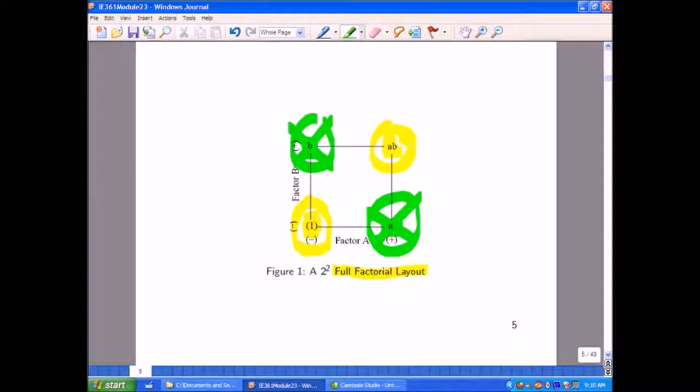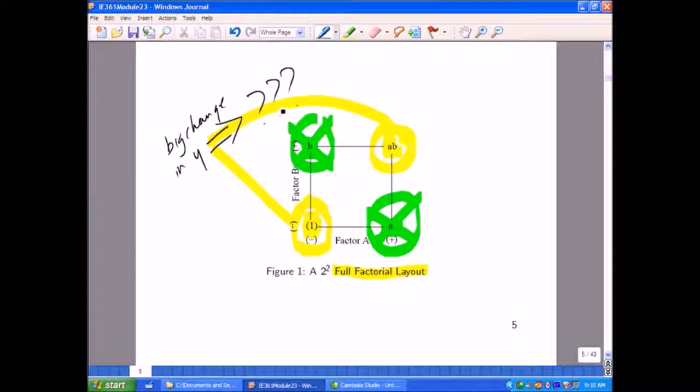Now think about what that will leave me with if indeed I see a big change in a response. If, for example, when I go from here to there, I see a big change in Y, what does that mean? If I see a big change in Y, is it because I changed the level of A?